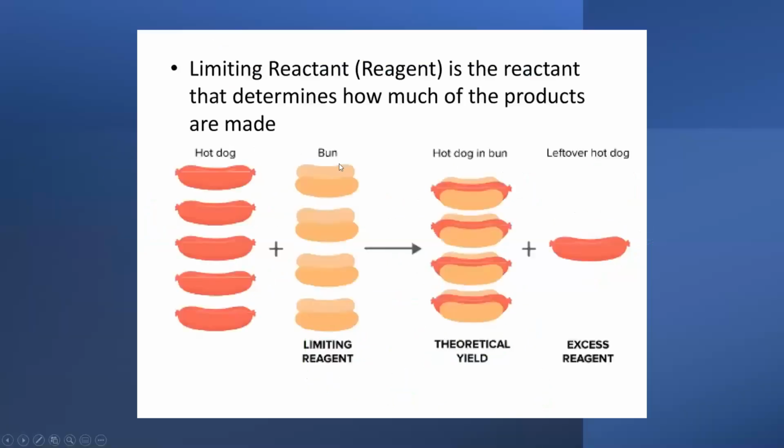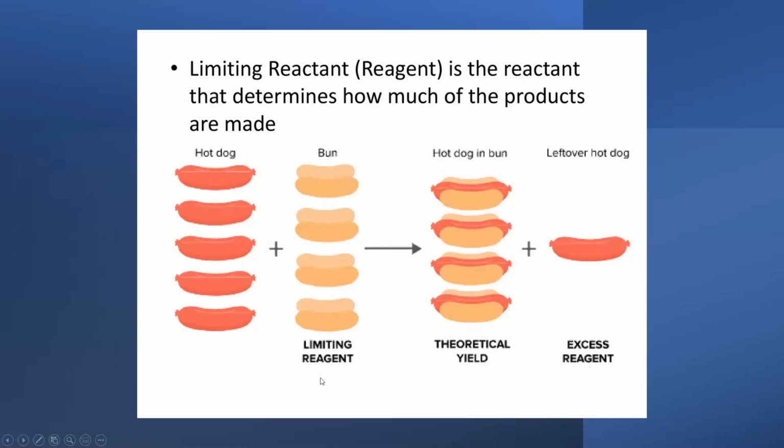Well, what is the limiting reactant or reagent? It's the reactant that determines how much of the product is made. In this case, you begin with 1, 2, 3, 4, 5 hot dogs, and only 1, 2, 3, 4 buns.